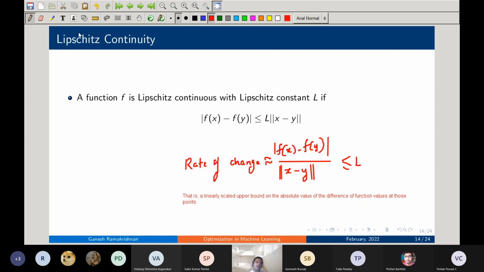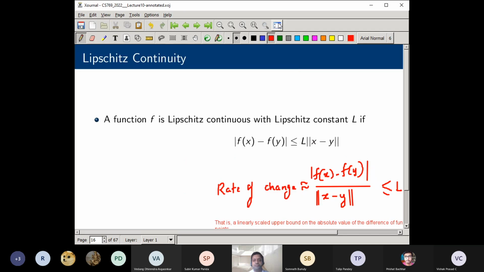So why are we interested in this? Strong convexity said that the function has at least some curvature. Convexity is okay, increasing values of the slope. Here we are trying to say that the function is not changing too fast. That's what we are saying. Rate of change is upper bounded. That is, the function is not changing too fast.